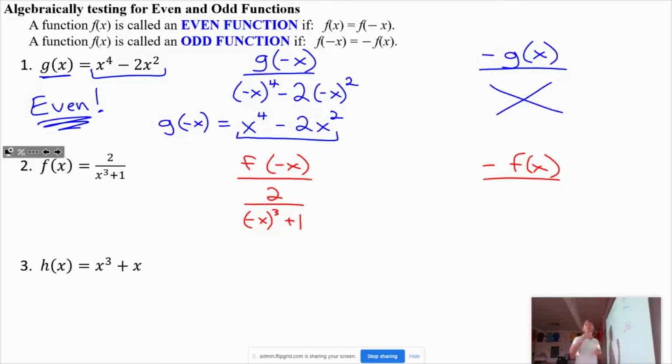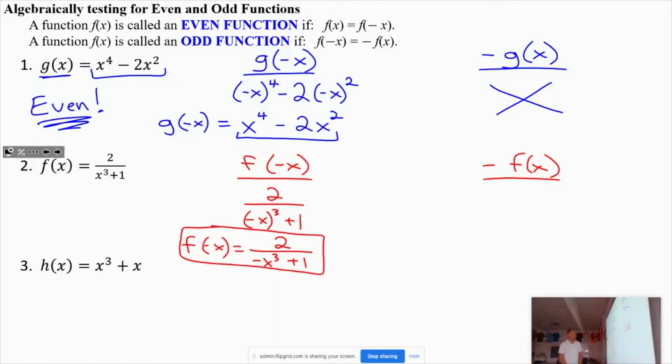The x on bottom, though, I can. Negative x to the third. If you raise a negative number to the third power or to any odd power, it is still negative. Negative 2 to the third is negative 8. So this is going to simplify to 2 over negative x cubed plus 1.